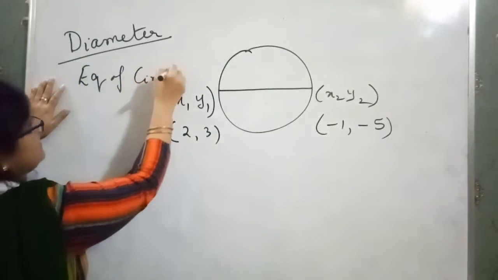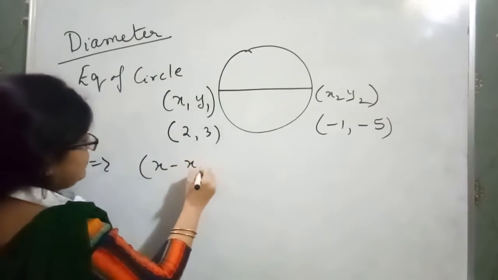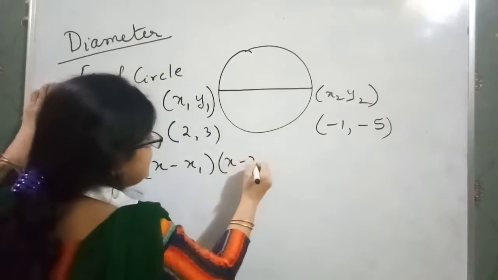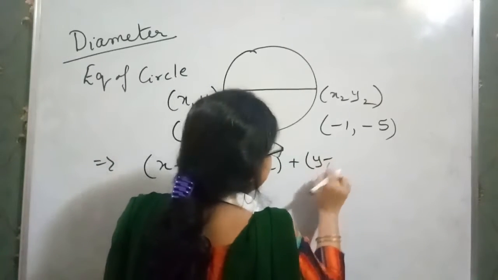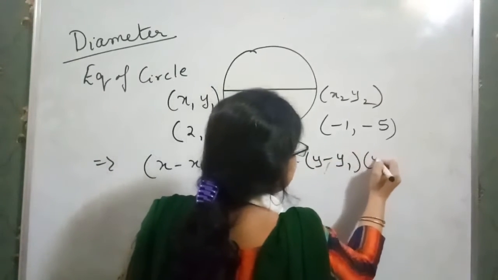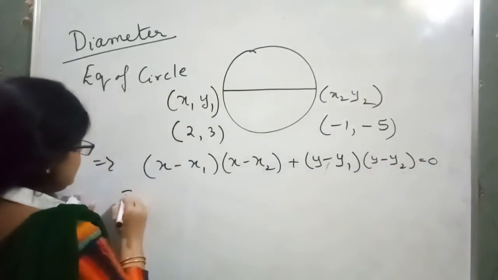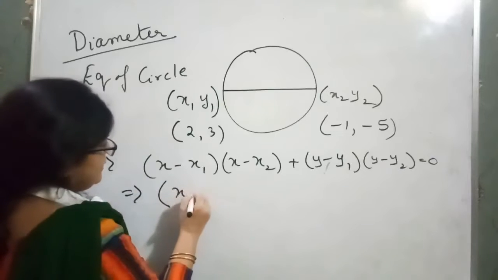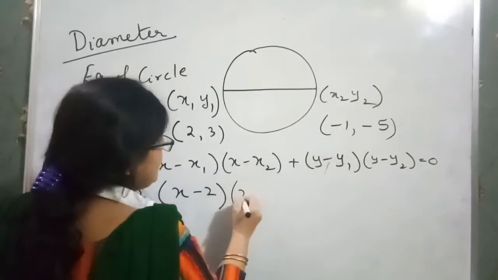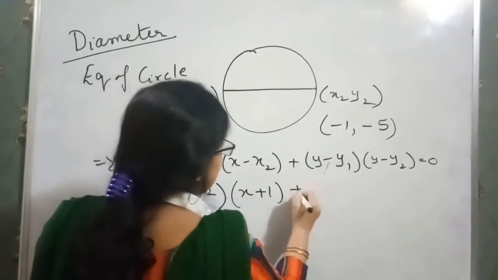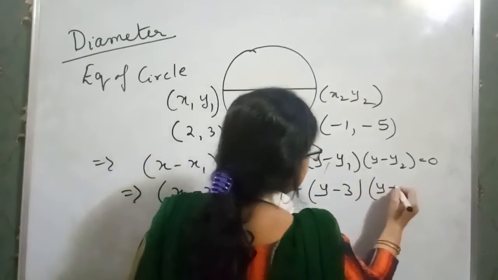In this case, the equation of the circle is (x minus x1)(x minus x2) plus (y minus y1)(y minus y2) is equal to 0. You just put all the values and solve it, then you can easily get it. Now x minus this one. So we have (x plus 1), (y minus 3) and (y plus 5).